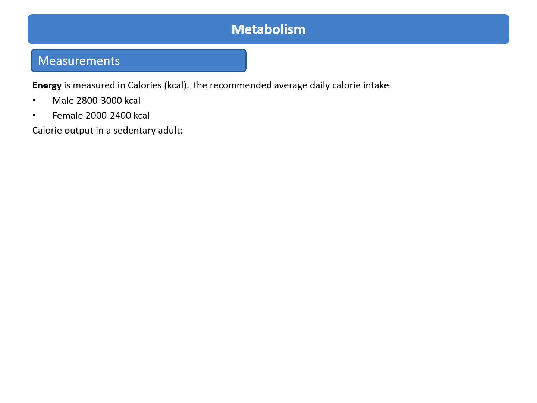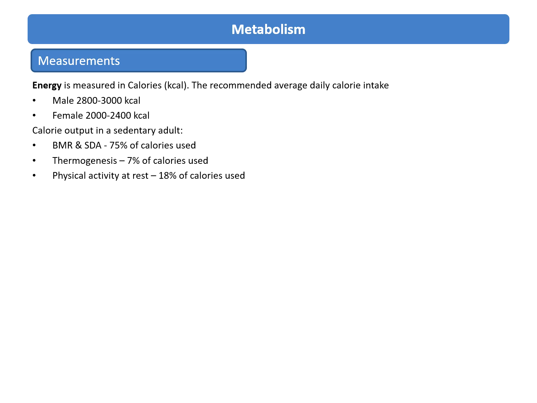Calorie output in a sedentary adult includes the BMR and SDA. We'll describe these in a minute. That's roughly 75% of the calories that are used. Thermogenesis, generating heat, 7% of the calories. Physical activity at rest, perhaps 18% of the calories that are used.